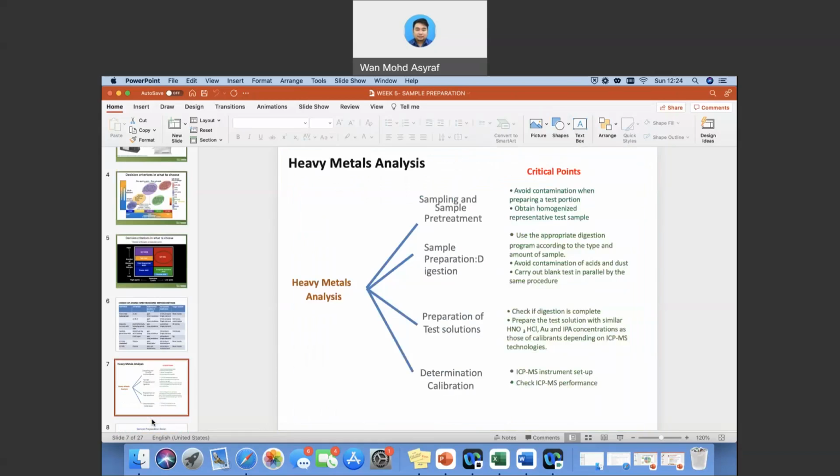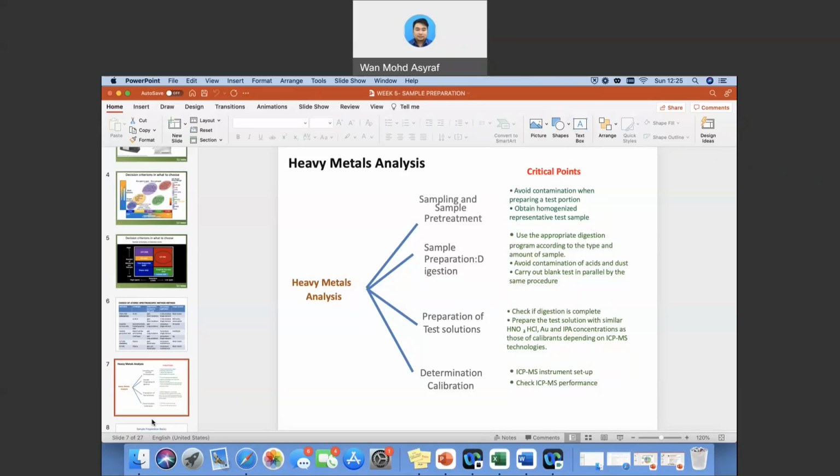So, an example of heavy metal analysis. Now we are going to look at the critical points of heavy metal analysis. Before this, we looked at the applications of flame AAS, graphite furnace AAS, hydride generation AAS, ICP-OES, and ICP-MS, all of which are instrumental methods pertaining more or less to heavy metal analysis.